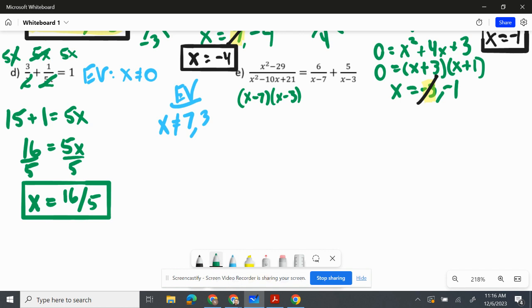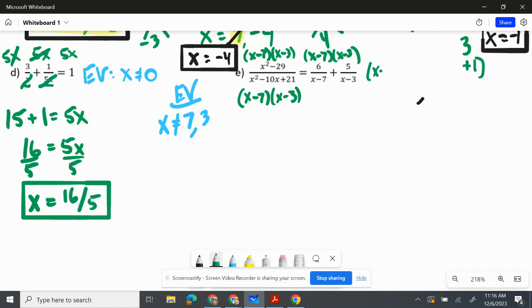So when we're finding our common denominator, it would be x minus 7 and x minus 3. x minus 7 and x minus 3. And then we have x minus 7 and x minus 3. So for the first one, both of them cancel out. So we bring down the x squared minus 29.